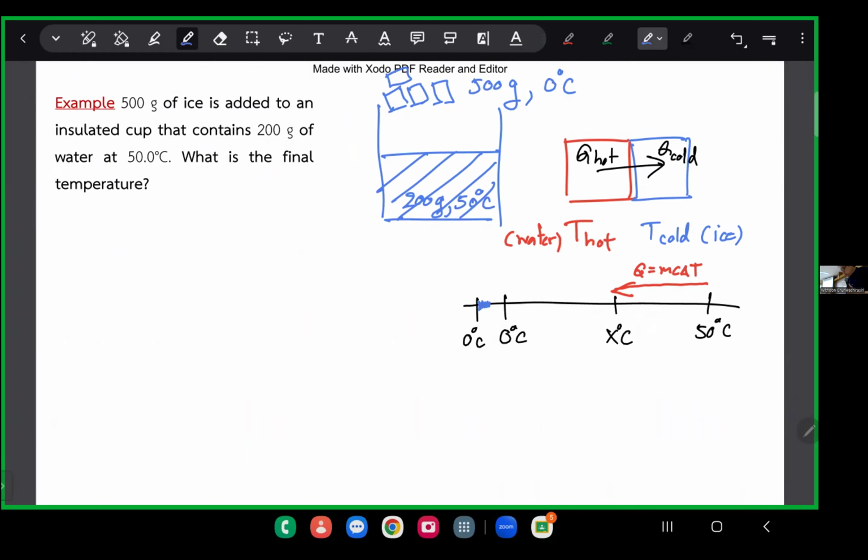So ice must melt here. Got it? So let me put ML right here. That is the phase transition. It has to melt first. Once it melts, now you are down with the liquid water. Then the liquid water at 0 starts to warm up to X. So from that point, you warm up using the MC delta T expression to the X degrees Celsius final temperature.